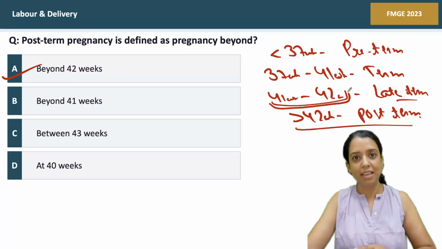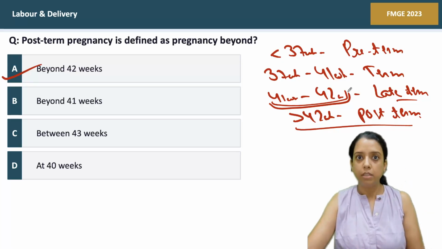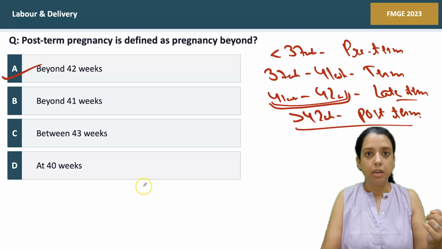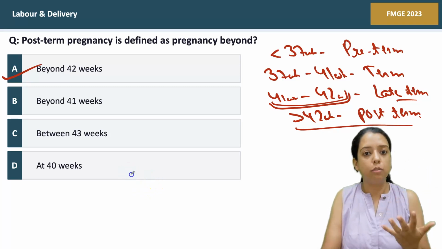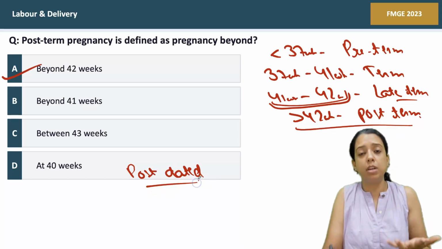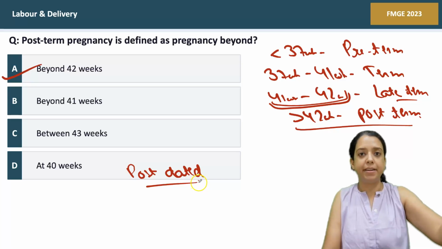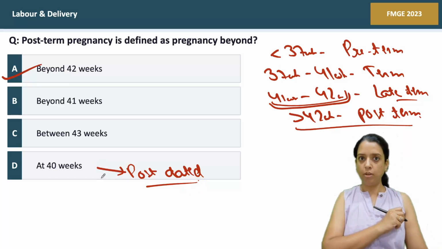So post term means an aging baby, an aging placenta beyond 42 weeks. Okay? Post dated: you have given an expected date of delivery, right? Beyond that. So post dated as such has no clinical significance, but post dated is beyond your date, beyond your EDD, 40 weeks. Okay.